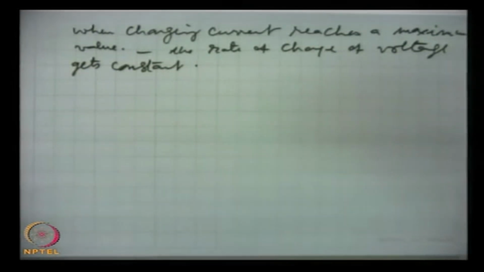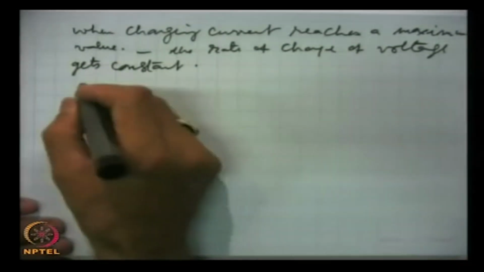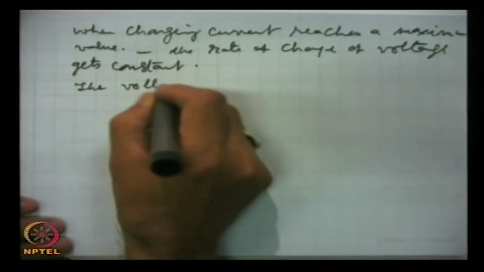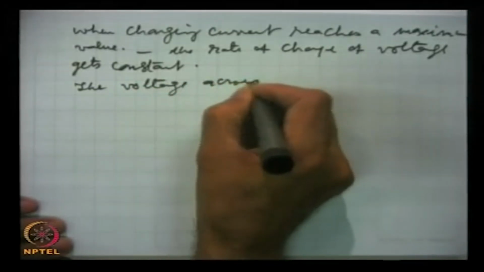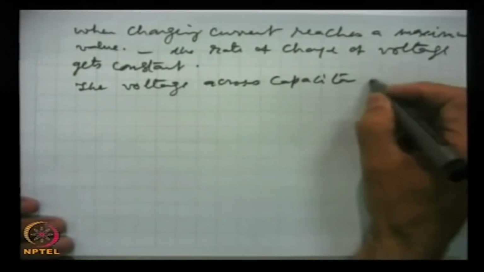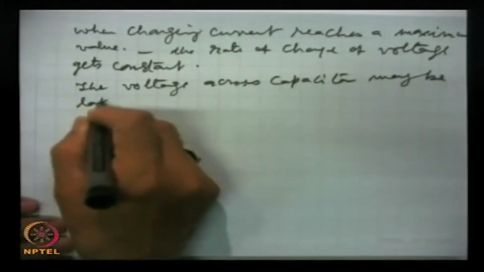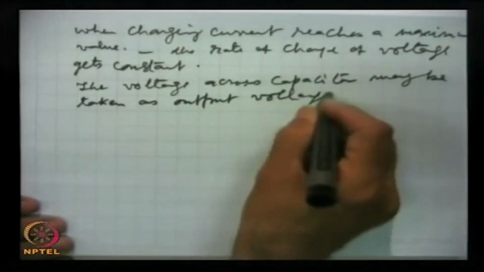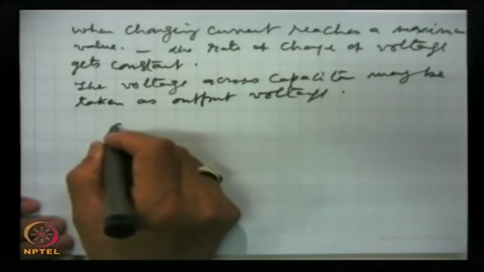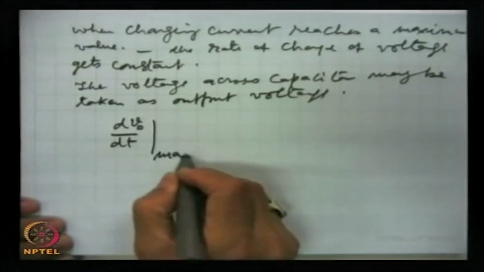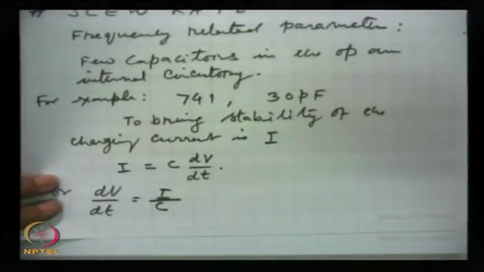Taking the voltage across the capacitor as the output voltage, the maximum rate at which it rises will be fixed by the maximum current, and this maximum current will come from the input signal.